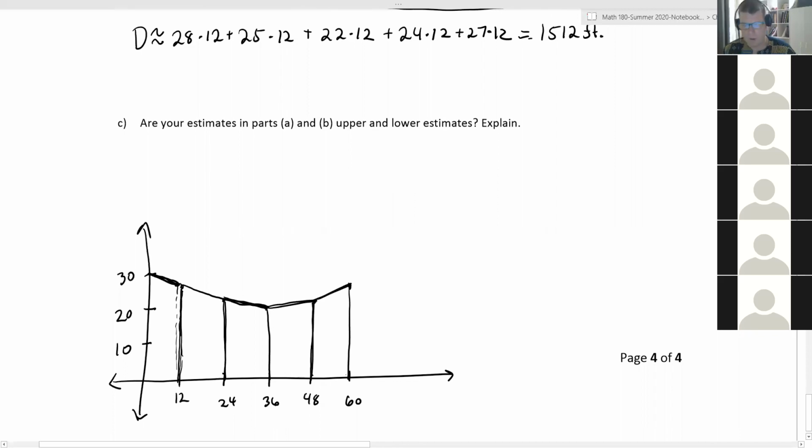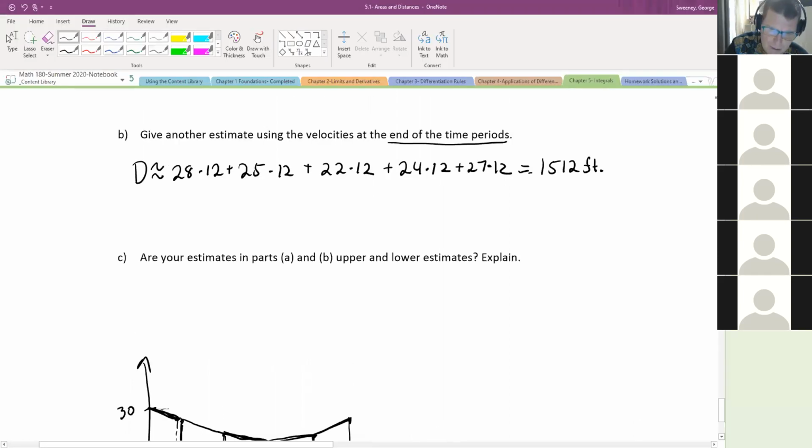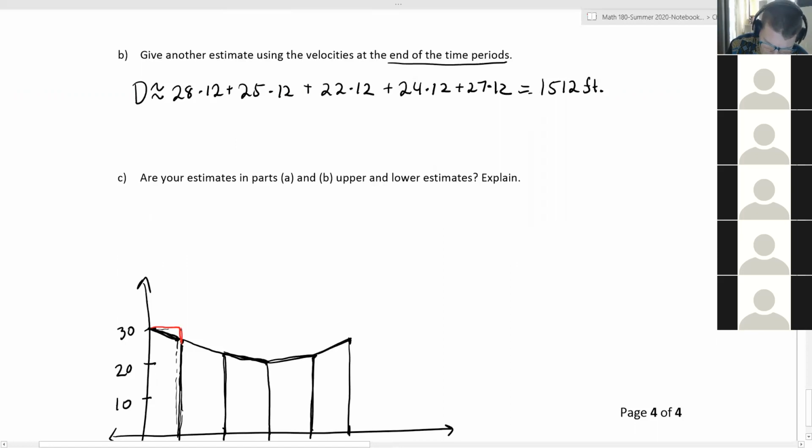What is the upper estimate going to look like? If we think about this, we go like, oh, okay. It's going to have, let's do it in red. So there's my upper estimate, right? There's another one.